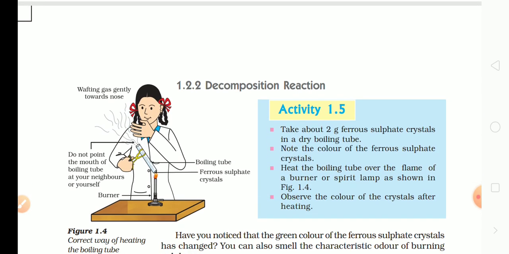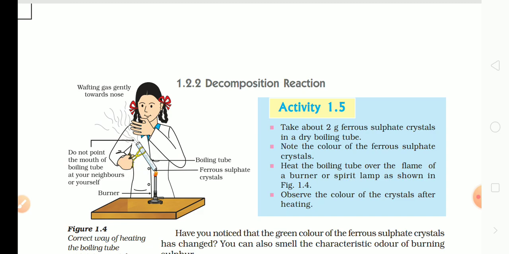Now the second kind of chemical reaction. In the first kind of chemical reaction, we have seen more than one reactant getting converted to a single product. And here it is the exact opposite of the combination reaction: the decomposition reaction.